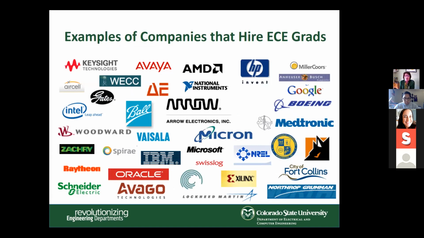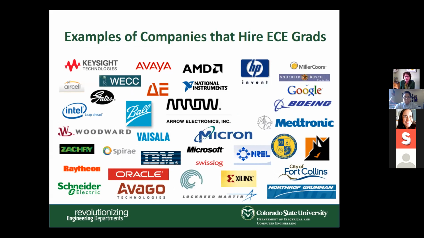This is an interesting slide, and I'd like for you to take a look at this because I think you're going to recognize a lot of the company names. You'll most likely recognize Keysight, Avaya, Arrow, Medtronic, Wolf Robotics, IBM, Intel, Woodward, even Anheuser-Busch and Miller Coors.